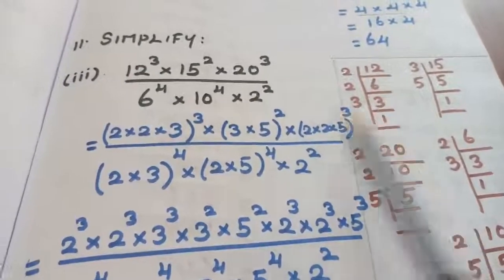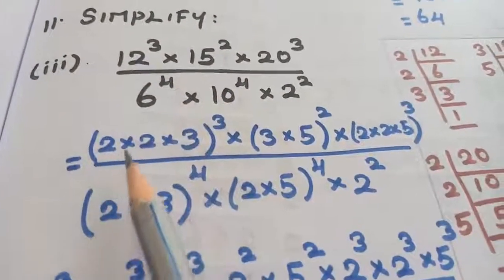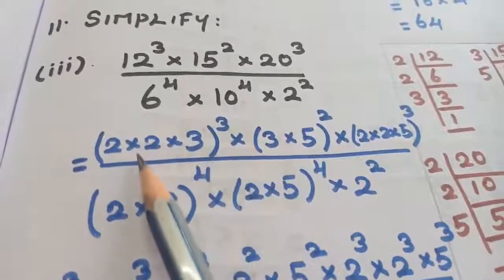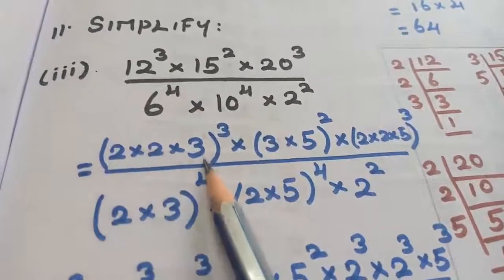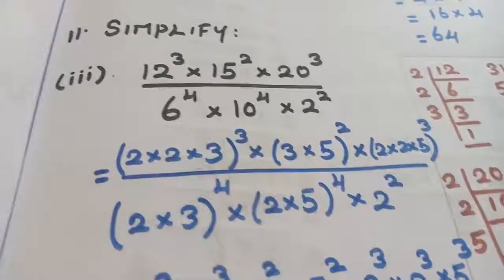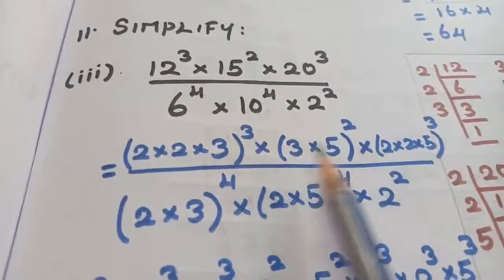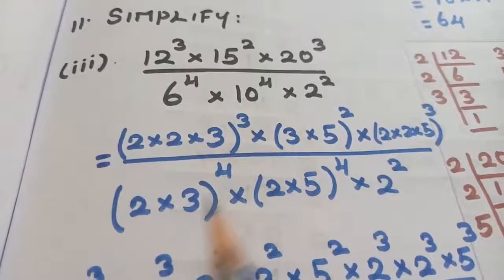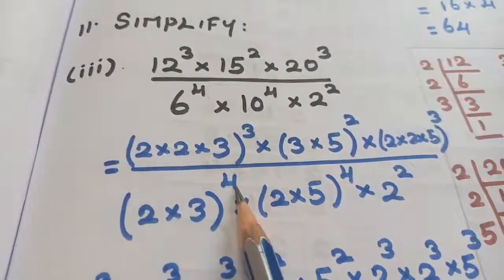After finding the factors, suppose I take the number 12, I write it in the form of prime numbers. That is, I am not talking about the power, I am talking about only the base. 12 is 2 into 2 into 3 whole to the power 3. 15 is 3 into 5 whole to the power 2. In the same way, I am converting all the given bases into prime numbers, and you are going to be careful while you are writing the powers.